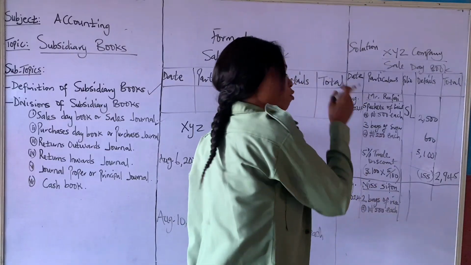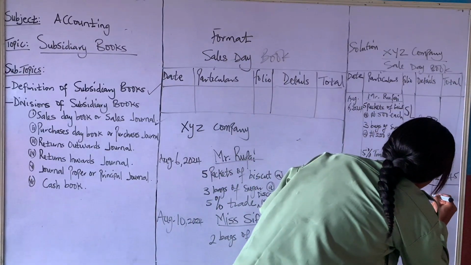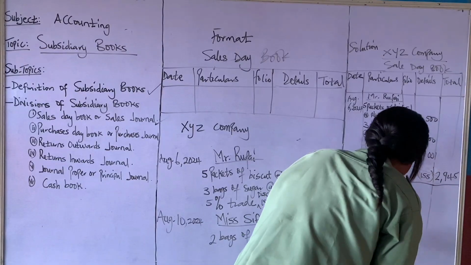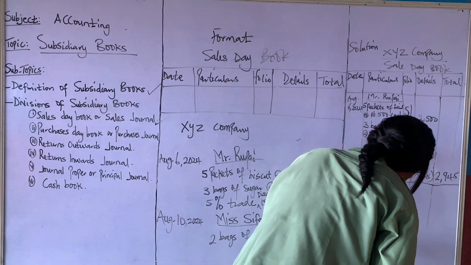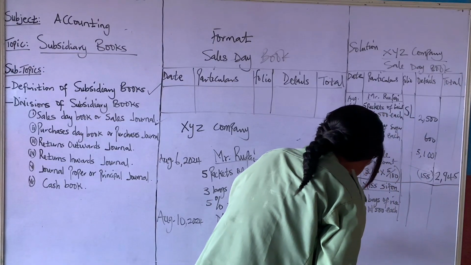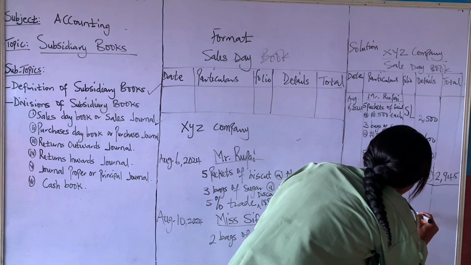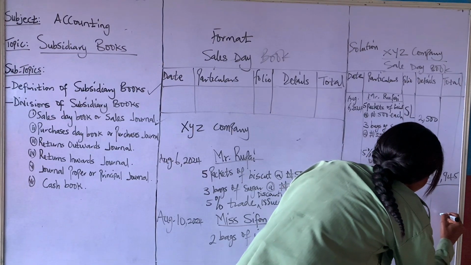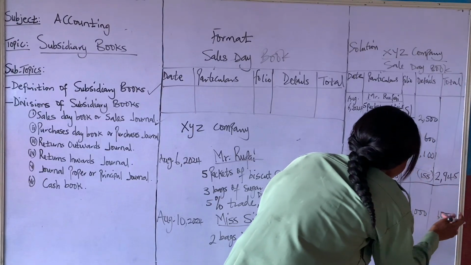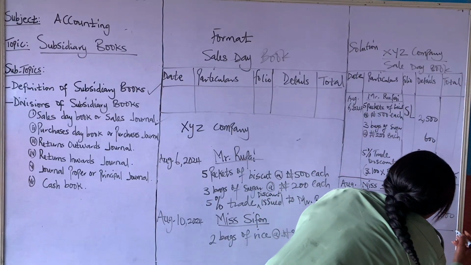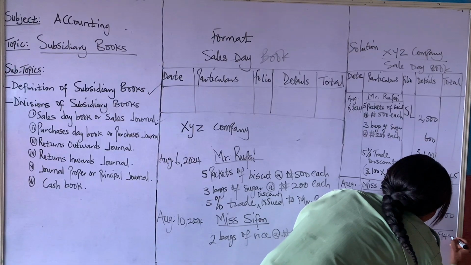And if you multiply 2 by 500, that gives you 1,000 naira. So come here, write 1,000. Bring it here, 1,000, since there was no other transaction. Add it up to this one. So we are left with 3,945 naira.